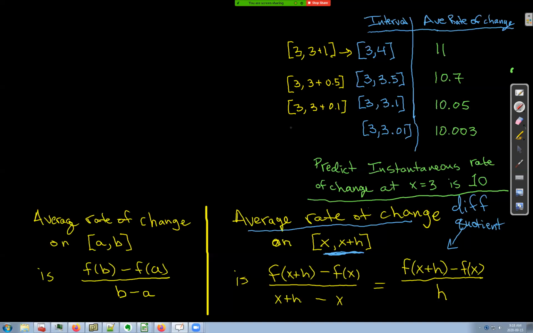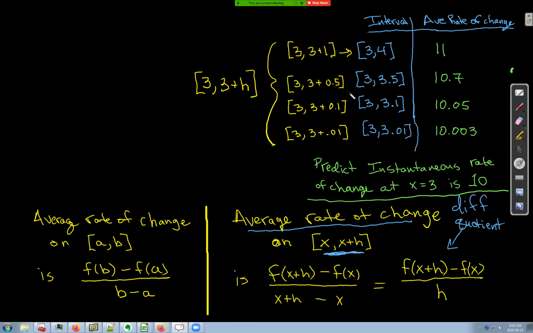And this interval would just be the interval from 3 to 3 plus 0.01. So the moral is all of these intervals kind of have the form 3 comma 3 plus h, right? Or h is the thing that's changing.